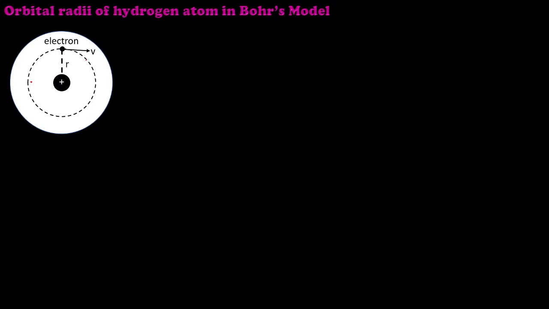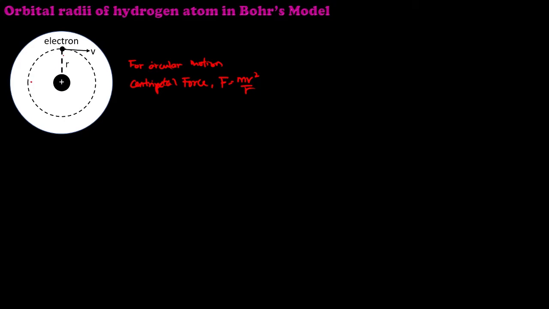So according to this circular motion of electrons, there is a centripetal force. For circular motion, we know that there is a centripetal force that acts on this electron, where this force is equal to mv squared per r, right?